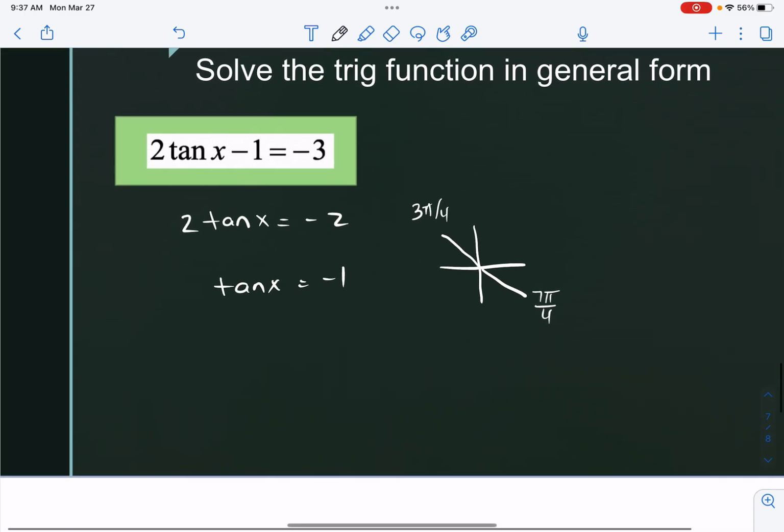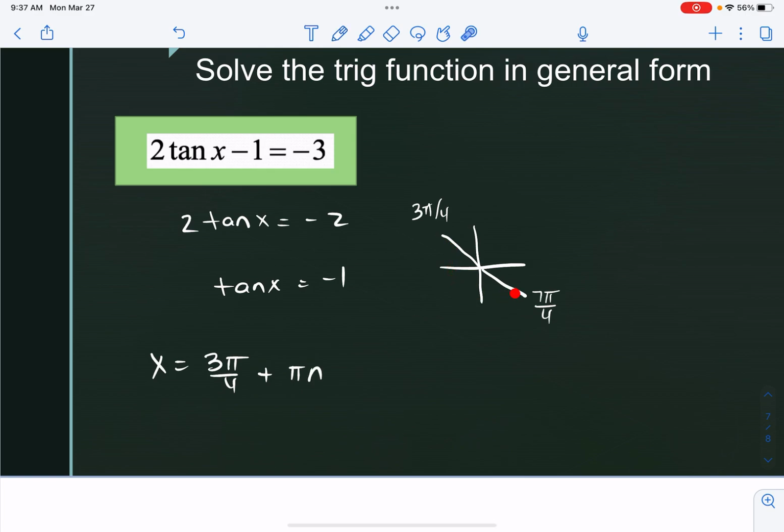Now, I'm not going to use both of them for tangent because they are right next to each other. Remember at the top I said there is another way. Because they're across from each other, I can use the first number and just put plus pi n, because notice this is 180 degrees.